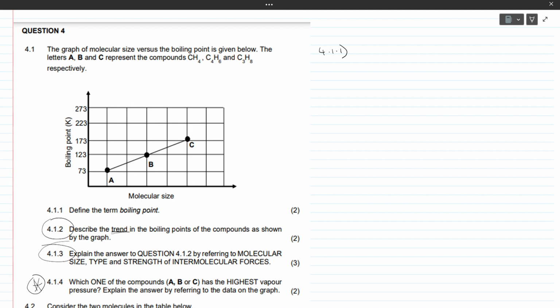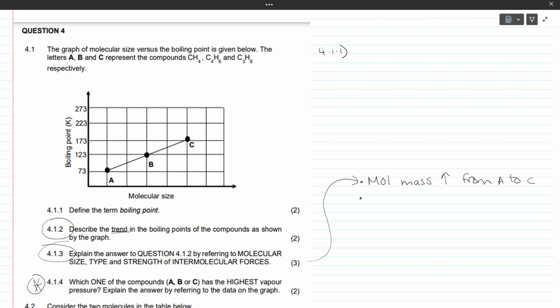4.1.3, explain that answer by referring to molecular size, type, and strength of intermolecular forces. So the answer they're looking for here is, I'm going to write it down here. Firstly, they want you to say that the molecular mass is increasing from A to C. Okay, so we understand that.